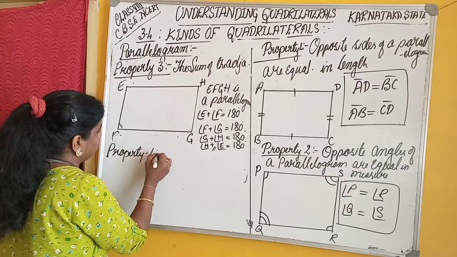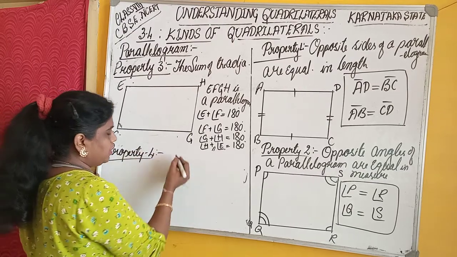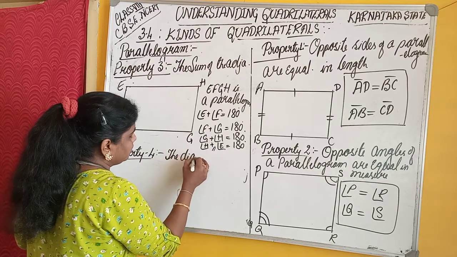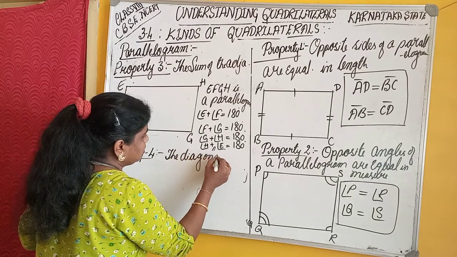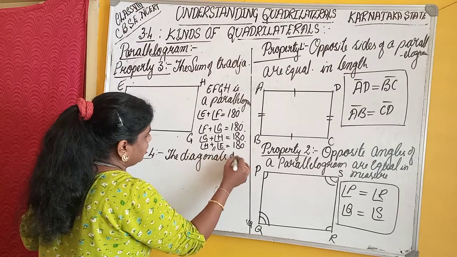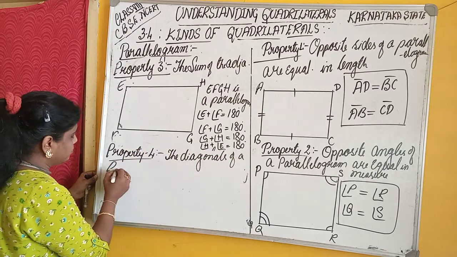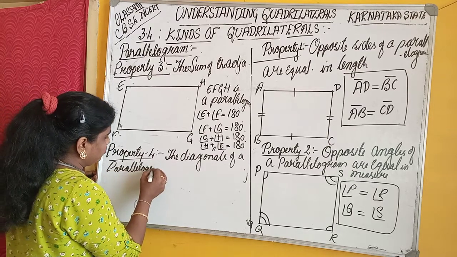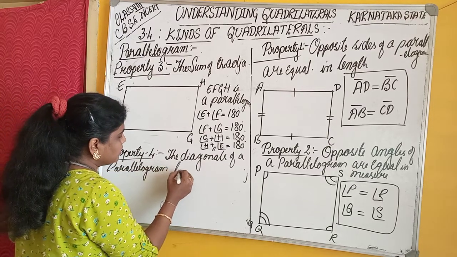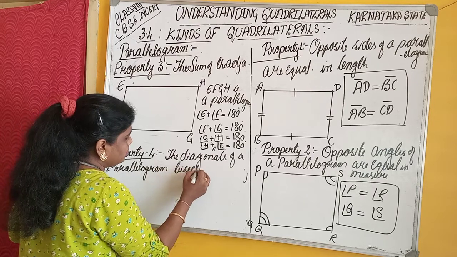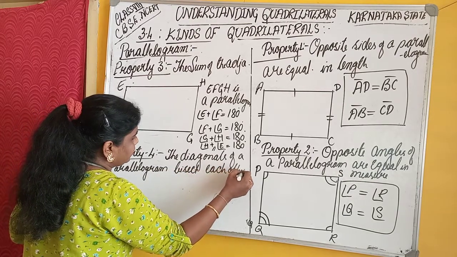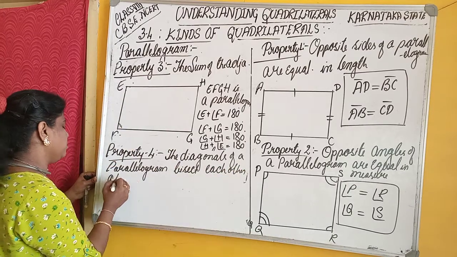Here property 4 is: the diagonals of a parallelogram bisect each other at the point of intersection.